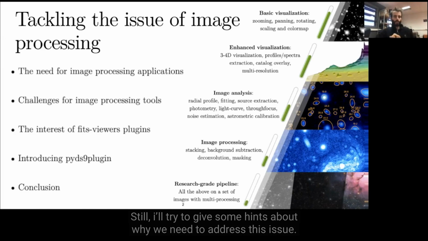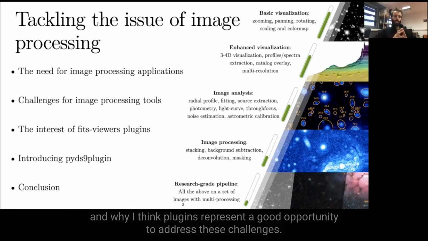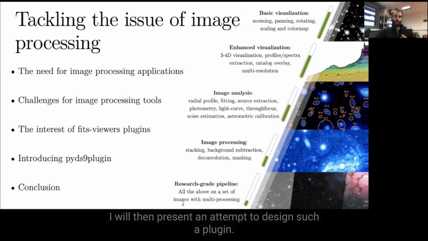Still, I will try to give some hints about why we need to address this issue, what are the challenges that future image processing applications need to tackle, and why I think that plugins represent a good opportunity to address these challenges. I will then present an attempt to design such a plugin.